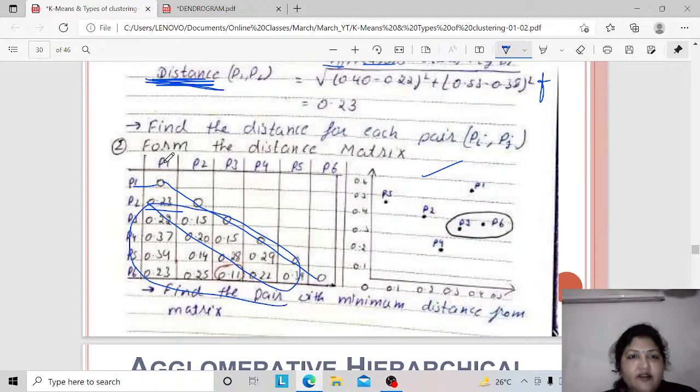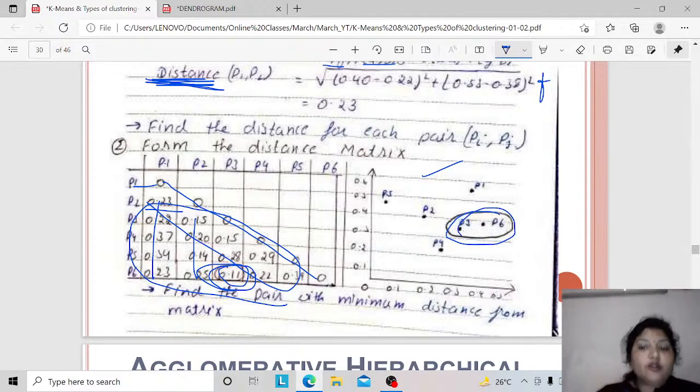Like for P1, you calculate with all the data points, and for P2, you calculate with the other data points. Once you have calculated all the distances, check out the minimum. Over here, P3 and P6 have the minimum distance between them, so we make one cluster out of it. This is how you are going to work, right?